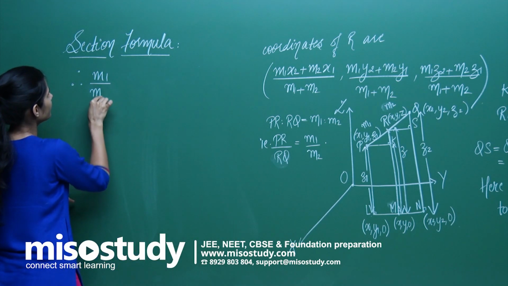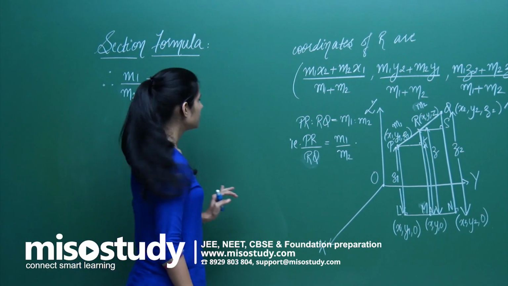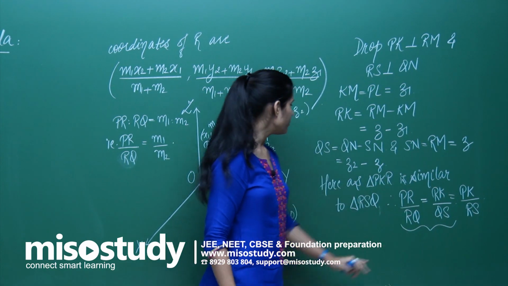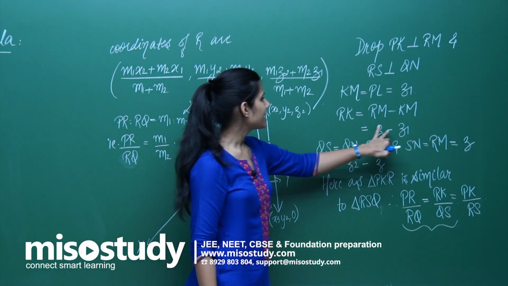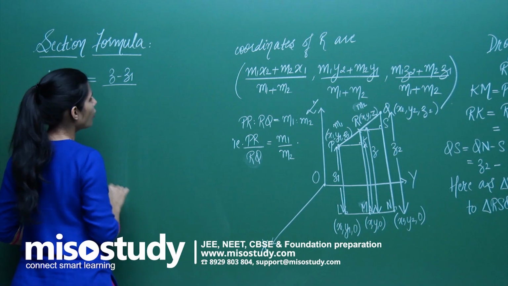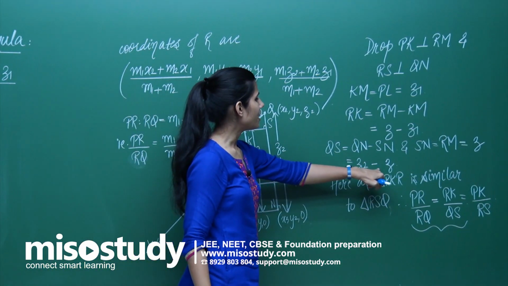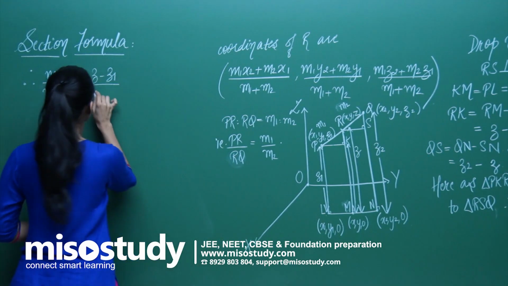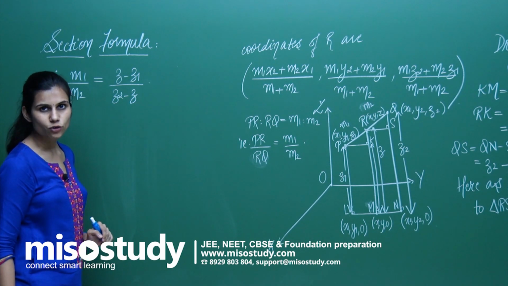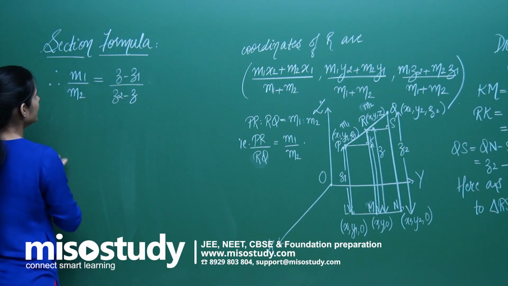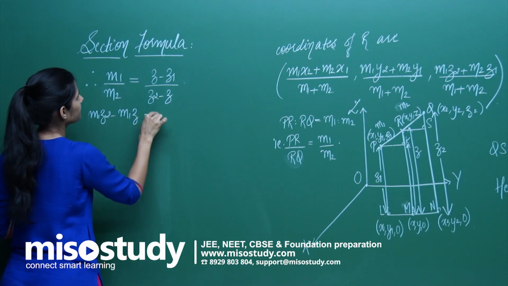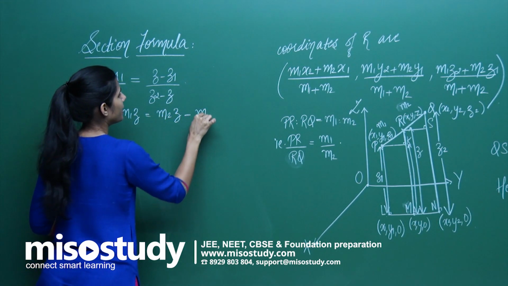So you have m1 upon m2 is equal to RK upon QS. RK is z minus z1 upon QS, and QS is z2 minus z. From here you compute the z coordinate of R, which is small z. So m1z2 minus m1z equals m2z minus m2z1.